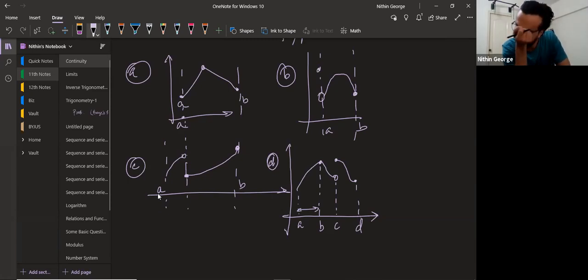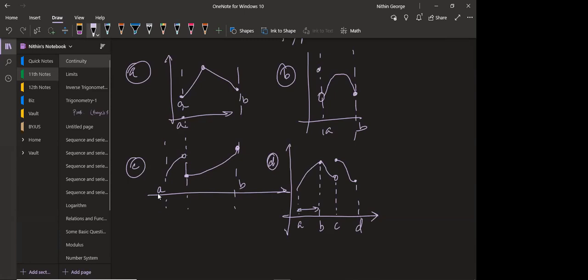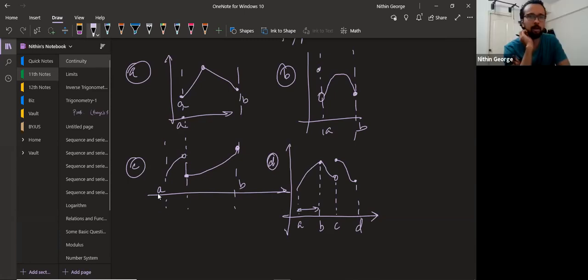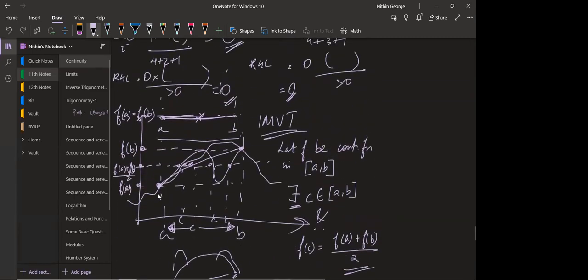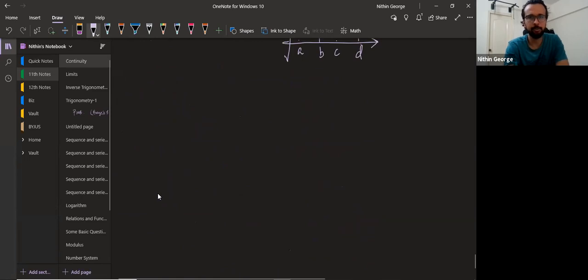So it is continuous between A and B. It's absolutely fine. Okay, guys, got this? Now for this function, notice that if you have 2 points, f of x is continuous between A and B. Suppose it goes something like this.